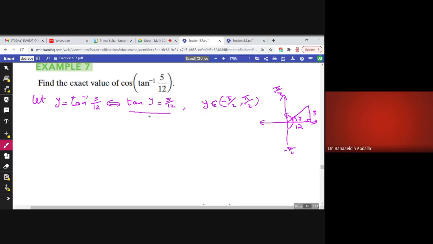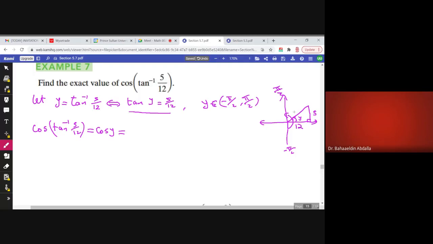What do we need to find? We need to find cosine tan inverse 5 over 12. And cosine tan inverse 5 over 12 is now equal to cosine y, because tan inverse 5 over 12 we call y, and y is this angle. So how do we find cosine of this angle?